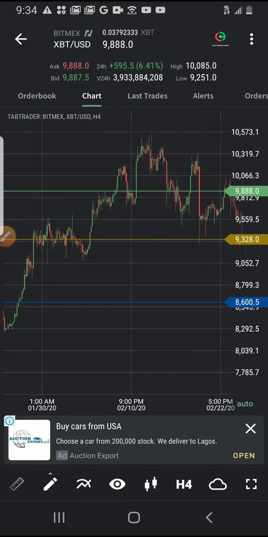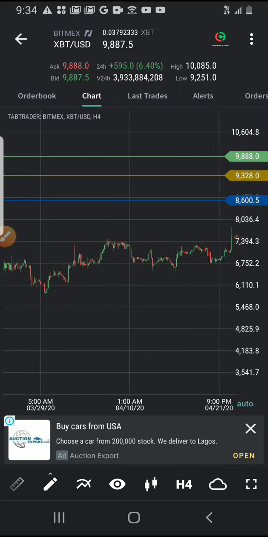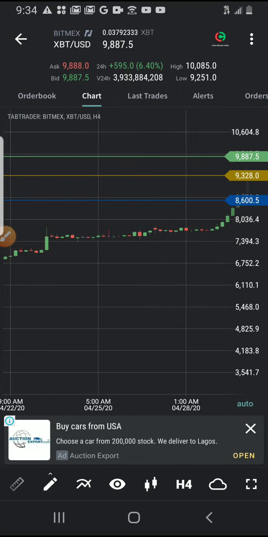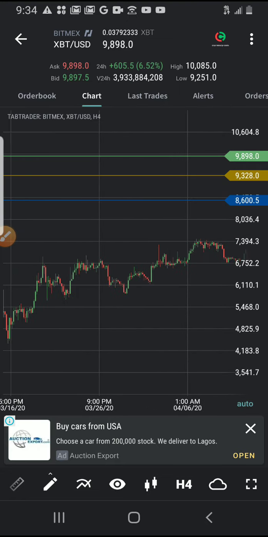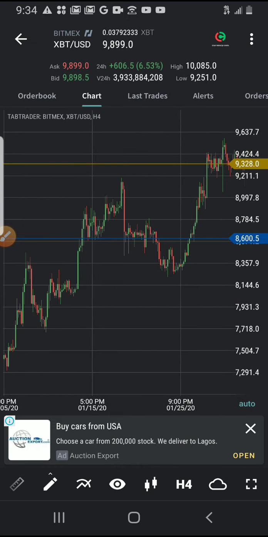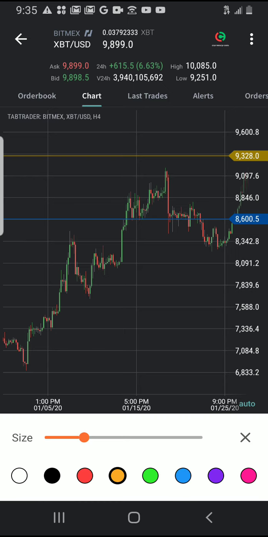So let's find where a support was used. Let's see if we can get a support that turned resistance. I think we can actually see it clear here. Okay, now this price is actually what we just finished discussing. Here right now is our resistance.